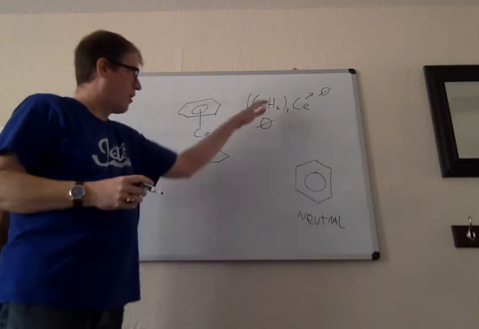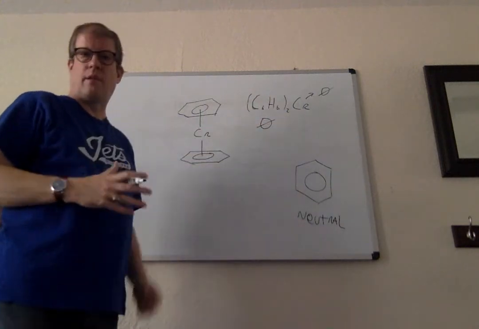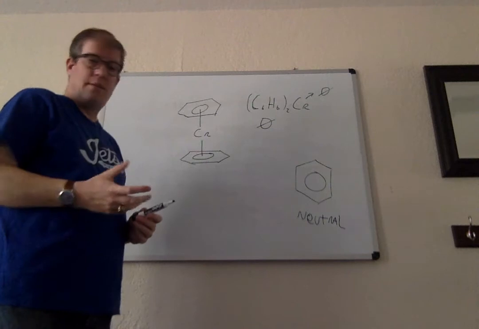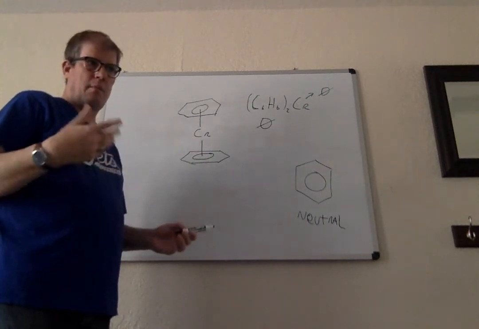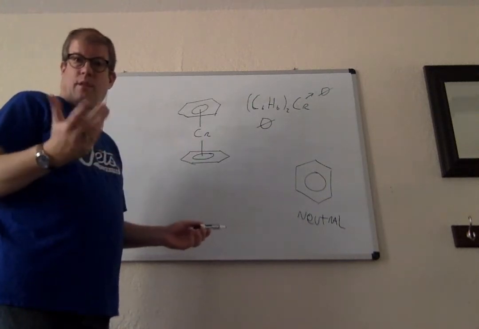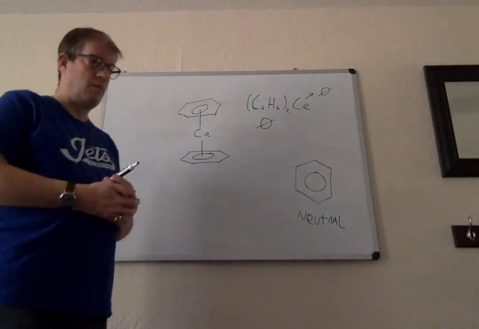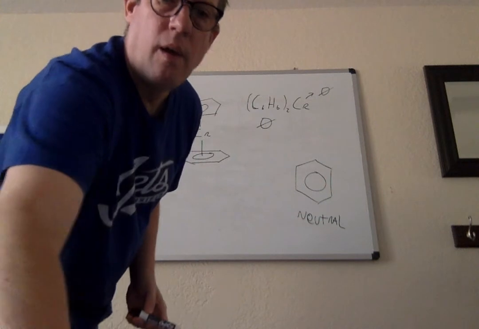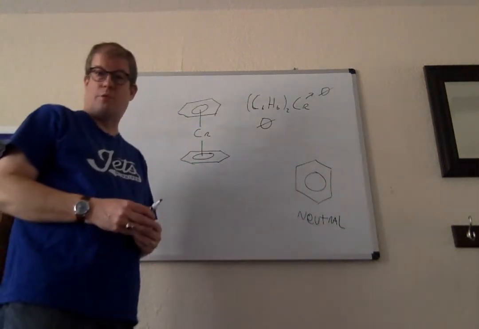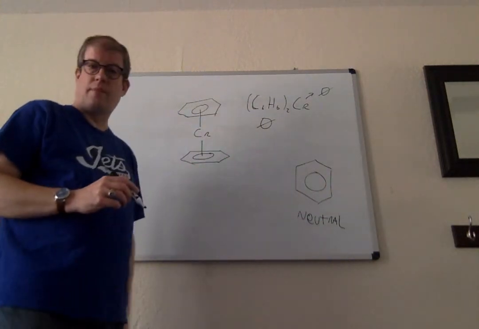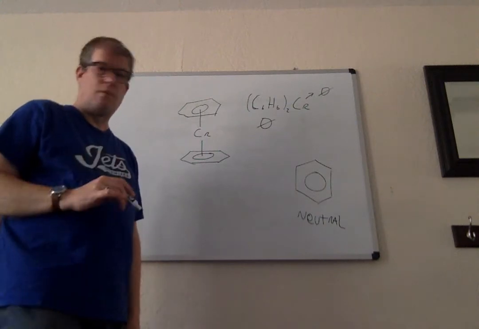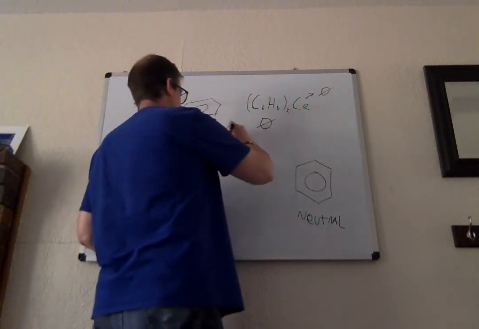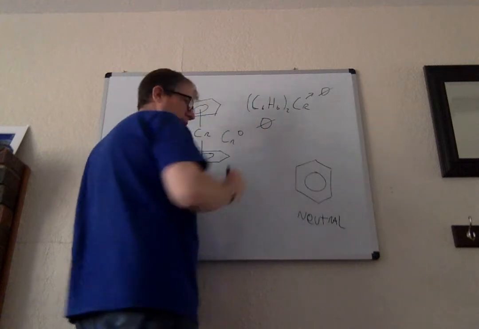Right? You don't have any charge over here that you have to balance over there like we've been doing. So benzene being a neutral ligand is like, say, having an ammonia or something like that. Right? The ammonia is neutral. So the benzene is neutral too, so chromium is neutral. Therefore, chromium 0.